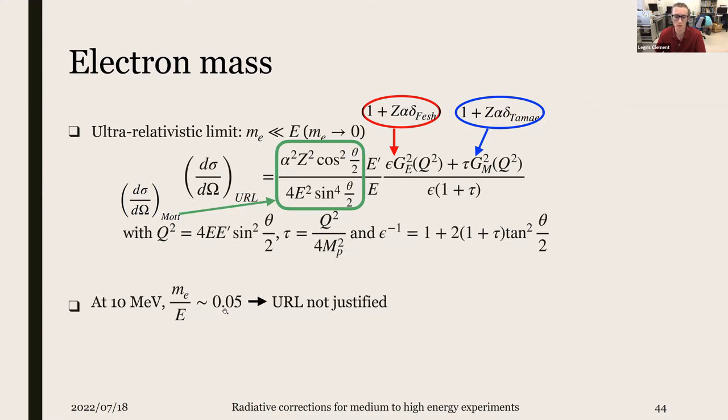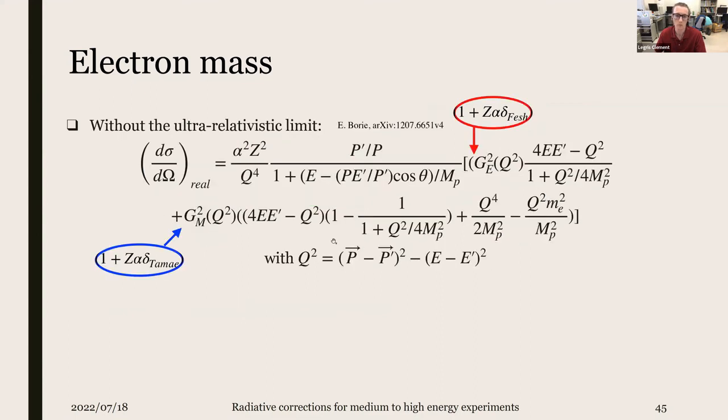So we cannot use this approximation anymore, and we have to use another expression which takes into account the electron mass. Of course, we must also include the second order Born corrections, Feshbach and Tamae.